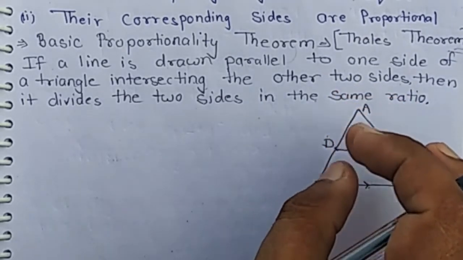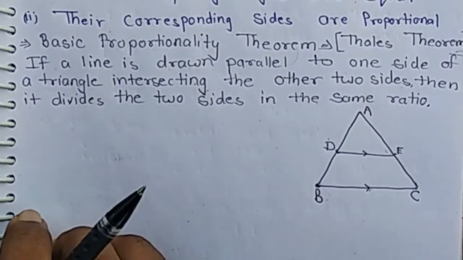We have to show that AD by DB equals AE by EC.